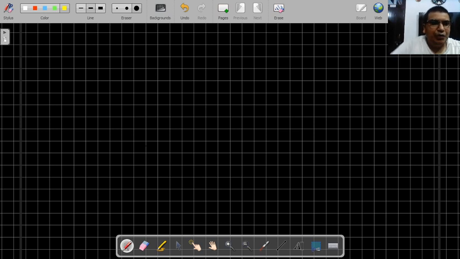So basically a unit vector is a vector whose magnitude is 1. Suppose there is a vector i cap, which is the unit vector along the x-axis. Its magnitude is 1, and that's why it is called a unit vector.